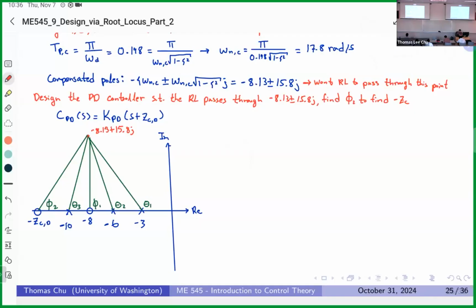We're going to use the angle criterion, where (2i plus 1) multiplied by 180 degrees is equal to the sum of the angles of your zeros minus the sum of the angles of your poles. That's going to be equal to (phi 1 plus phi 2) minus (theta 1 plus theta 2 plus theta 3).